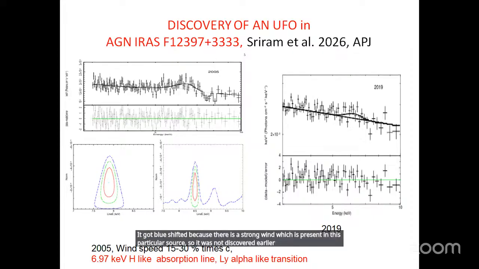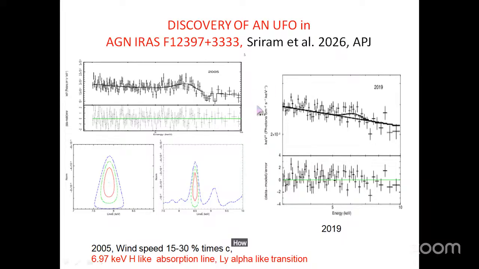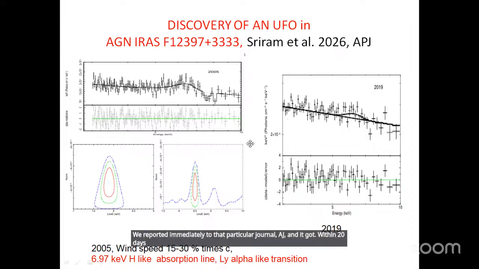We were lucky to get this discovery, and when we got this result, we were actually surprised. How can somebody miss such an important piece of information? We reported immediately to the journal, and within 20 days we got acceptance.